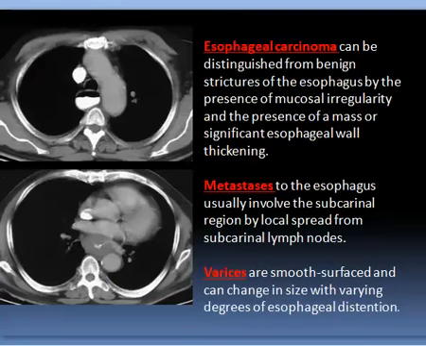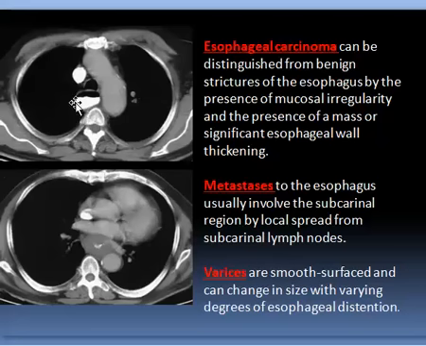Now, esophageal carcinoma can be distinguished from high strictures of the esophagus by the presence of mucosal irregularity and the presence of a mass or significant esophageal dilatation. So if we look here, there is definite mass narrowing the esophagus and causing irregular outline, but here the process is different.